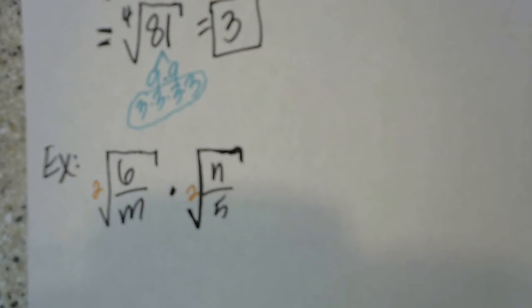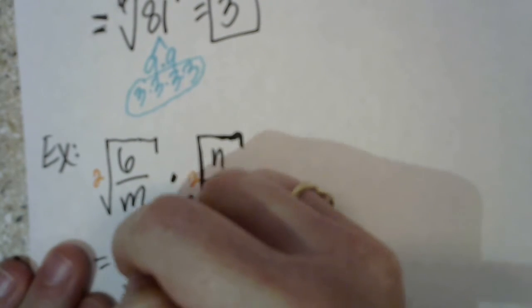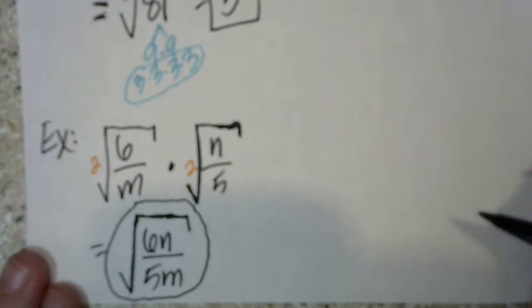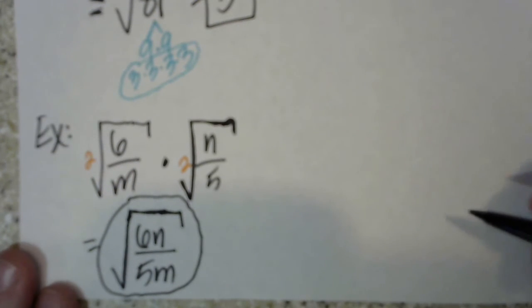So the only property I can apply here is to multiply them and put them under the same radical. So that's just going to be 6n over 5m. And that would be it for that problem. I can't do anything else. So they will try to trick you.